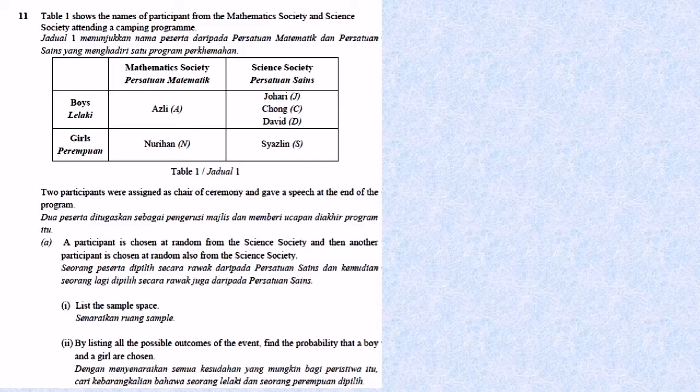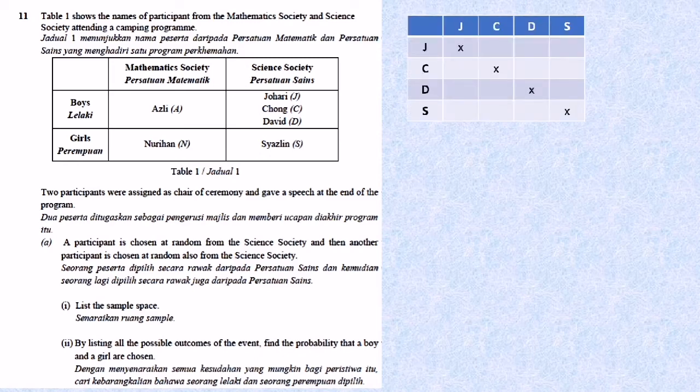A participant is chosen at random from the Science Society, and then another participant is chosen at random also from the Science Society. List the sample space. Normally, the teacher will draw a table like this. This is the first member and second member.